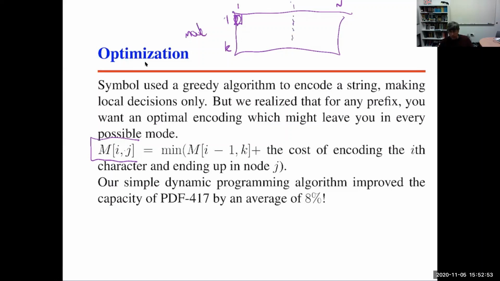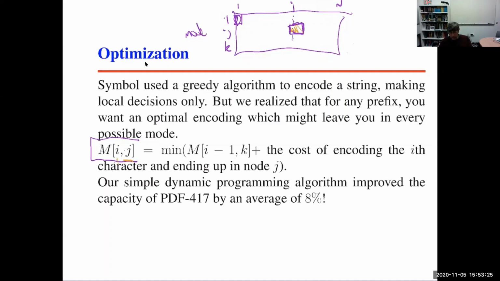My goal is to figure out for a given prefix of the text, up to the ith character, what is the cheapest way to encode it, ending up in mode J. That's what this is asking me. What is the cheapest way to end up in mode J after encoding the first I characters?